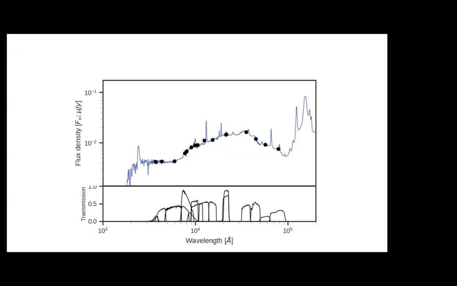Like imagine putting a red, green, or blue filter in front of your camera. That's going to block out all the other frequencies so that you only get your photograph in shades of red, blue, or green. You have many such filters that you can put in front of a telescope to isolate the light that's coming from a small region in frequency or energy space.